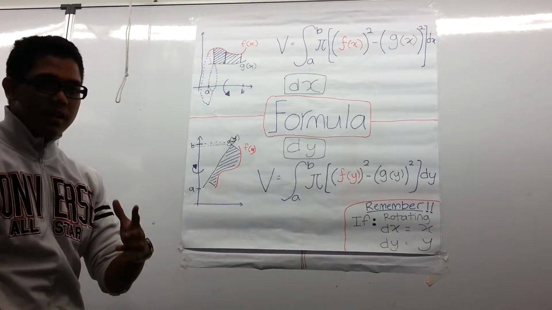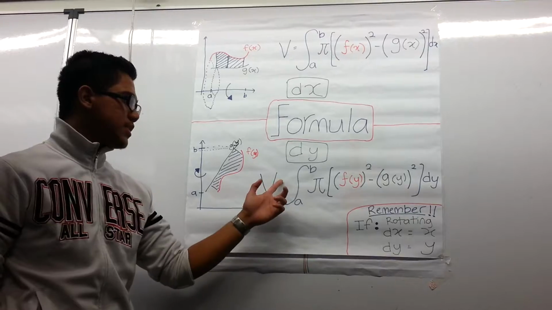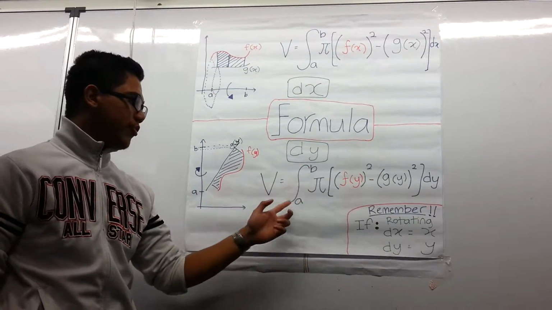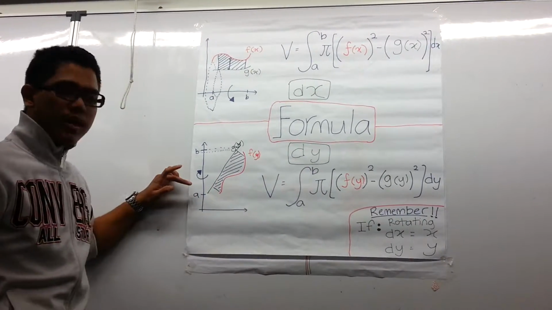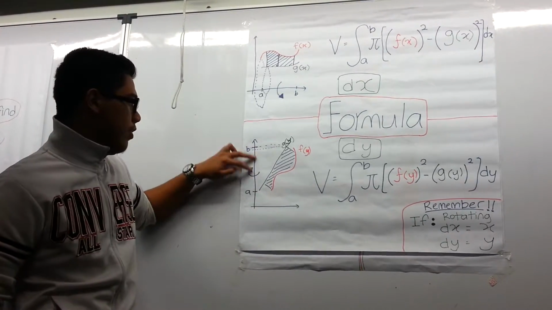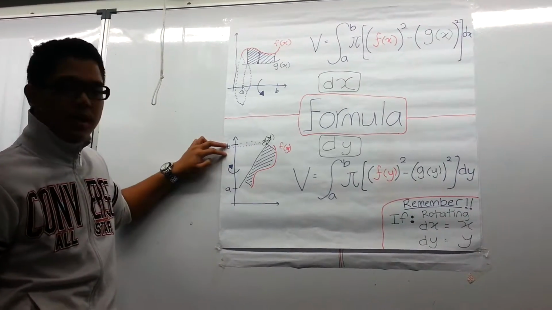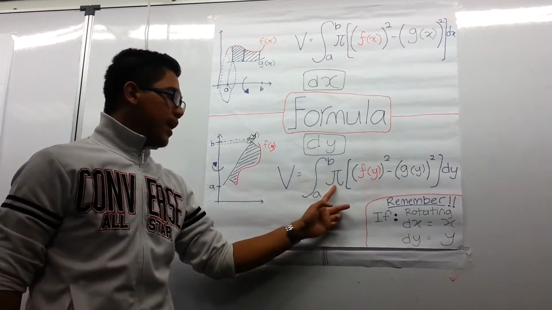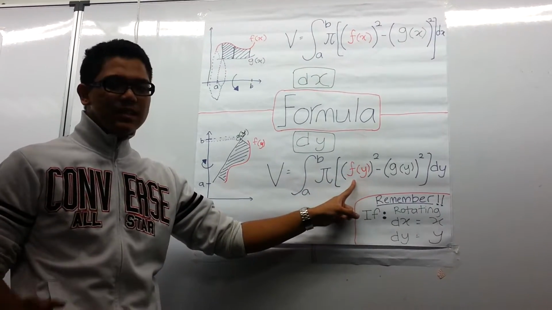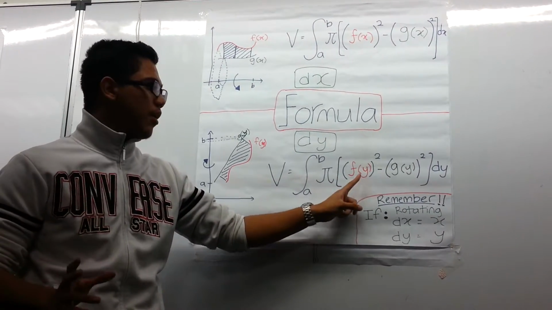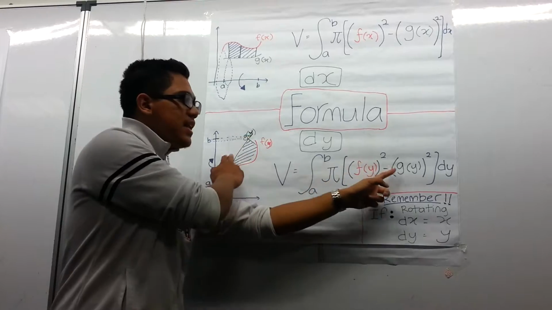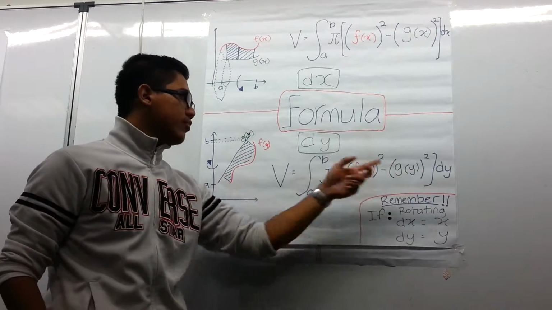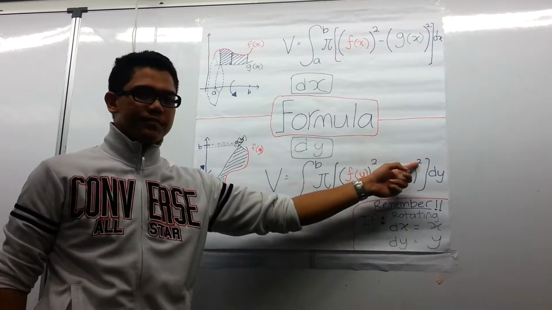So we put it back inside the formula: volume is equal to the integral from a to b, where a and b are on the y-axis, of pi times the outer radius of the graph squared minus the inner radius of the graph squared.